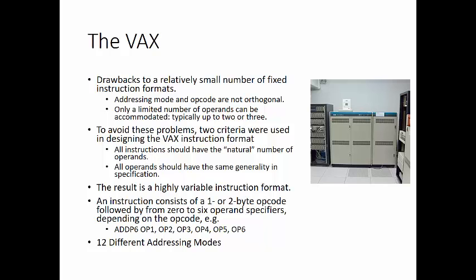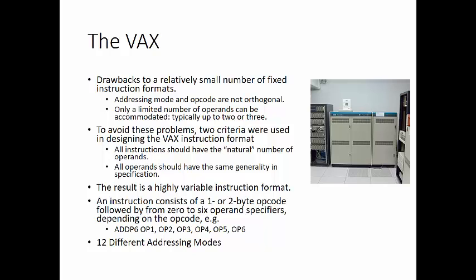Instruction consists of a 1 or 2 byte opcode, followed by 0 to 6 operand specifiers, depending on the opcode. And here's an example of one with 6 different operands. And the author of the textbook openly wondered aloud, well, why would you have 6 operands? What this one does is it adds 2 packed decimal numbers.